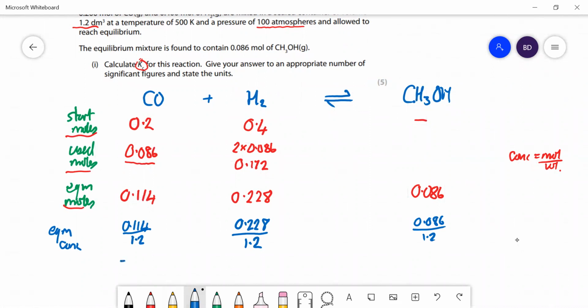So this is equal to 0.095. This is 0.19, and this is 0.0716. Put those numbers into the equilibrium expression.